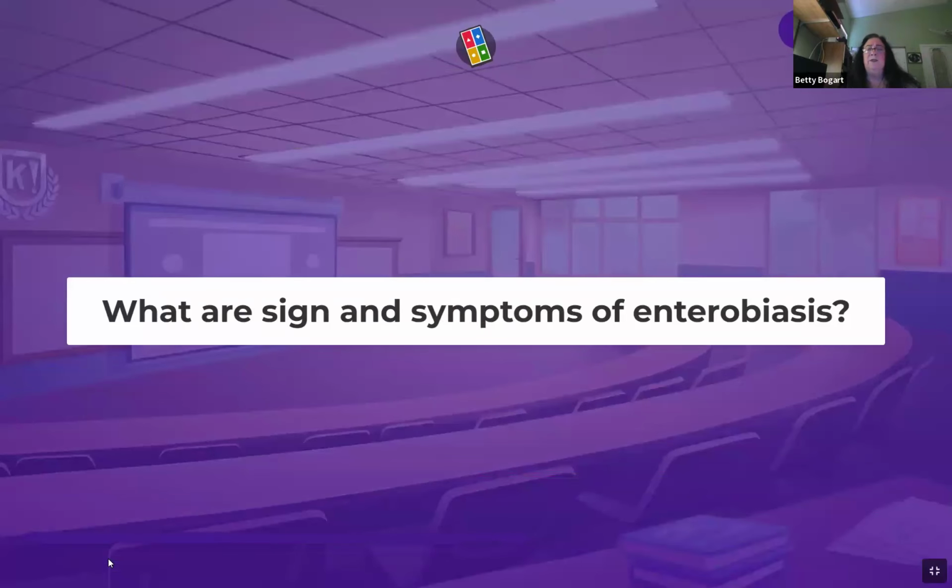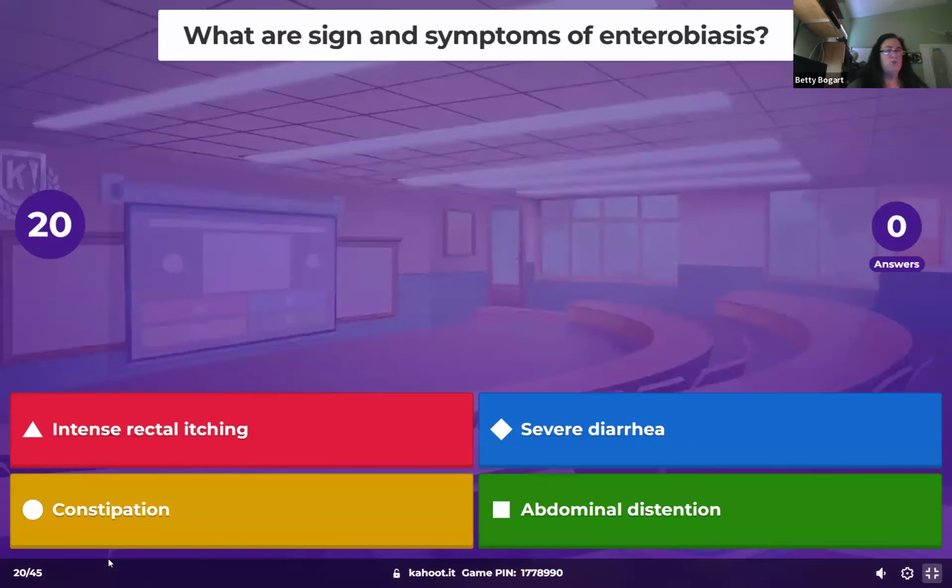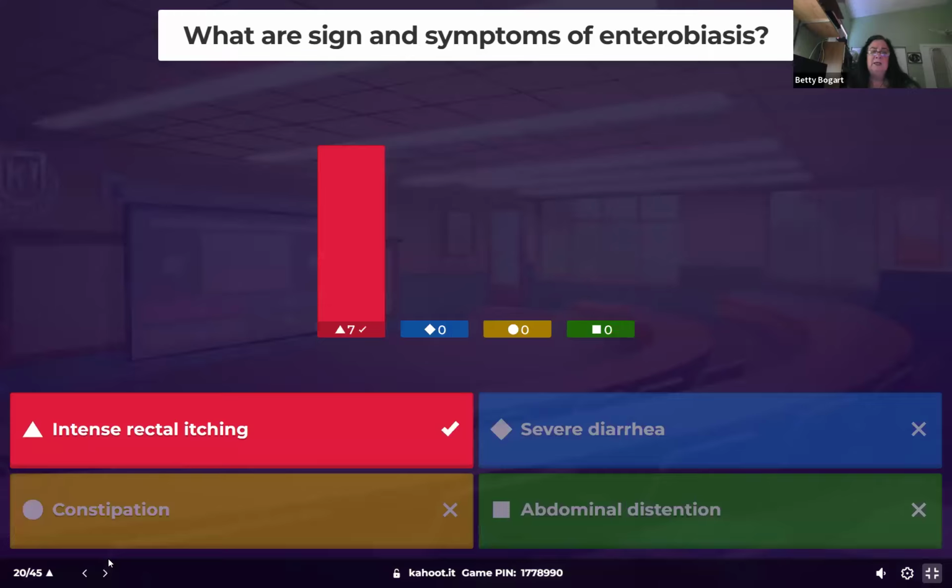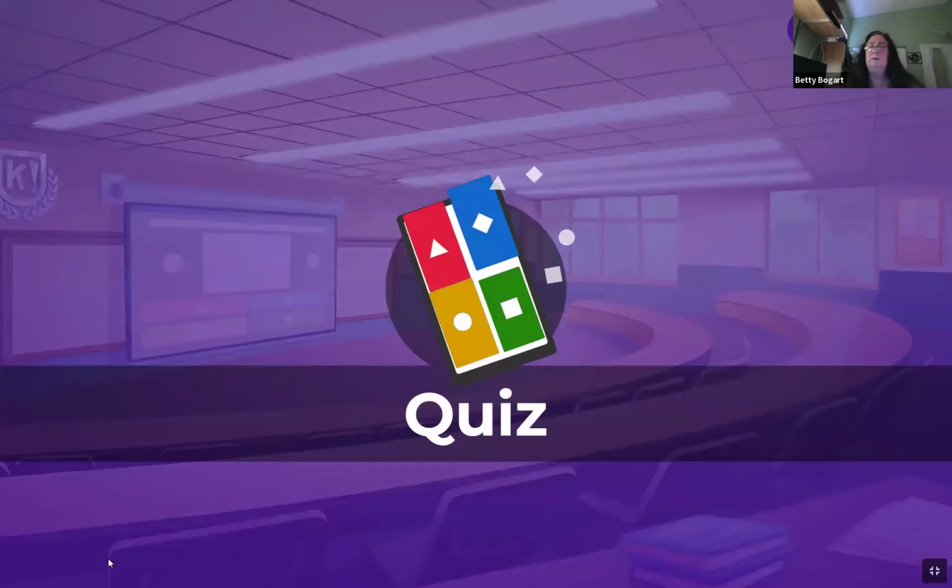What are signs and symptoms of enterobiasis? And it's usually at night. And it's intense rectal itching, perianal itching, and it's at night. And again, that's why we take the specimen at night.